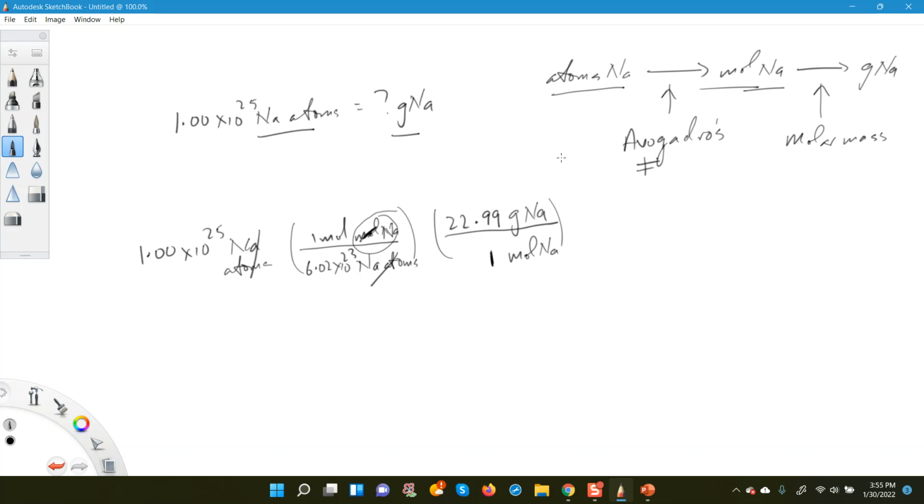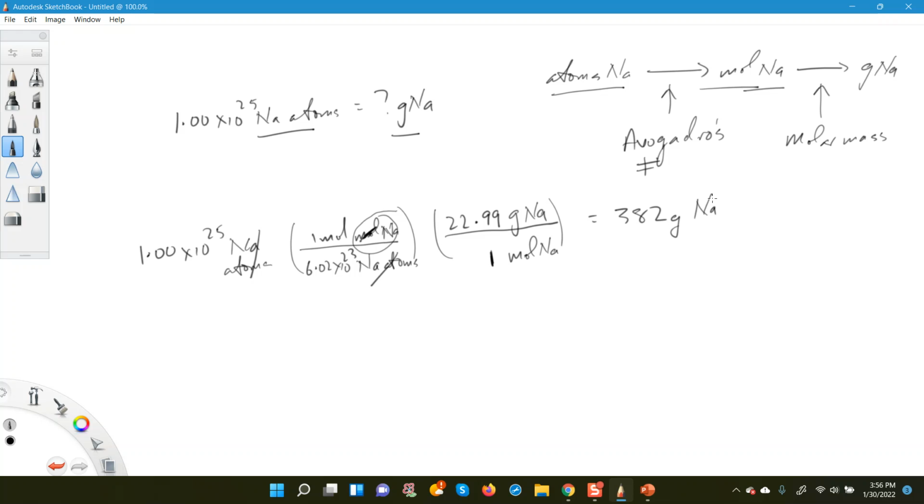grams. And then we do our number crunching, 1.00 times 10 to the 25 divided by 6.02 times 10 to the 23. Then we multiply by 22.99. And the answer I got is equal to 382 grams of sodium.